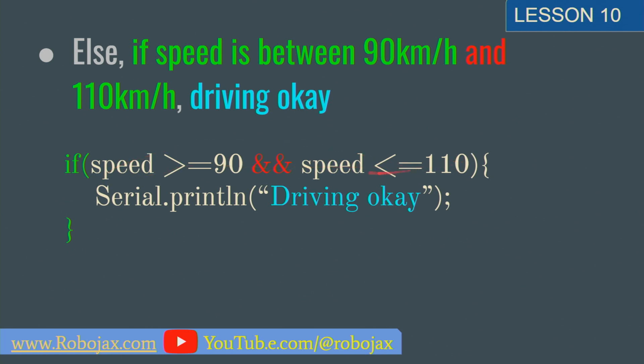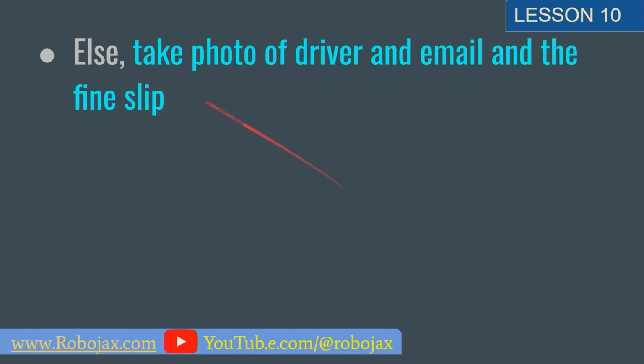In this condition, we are setting that the speed must be between 90 and 110. So we use and here. This is how we implement the condition, and the action that we do is nothing except just print this text. This is just an example, but you can do anything else that you want with your code.